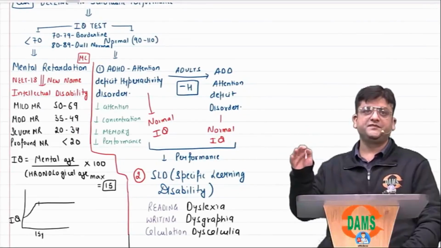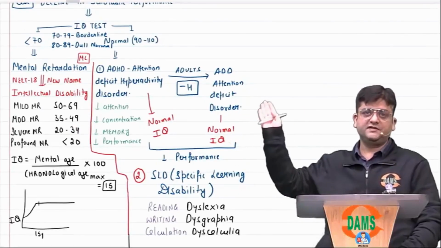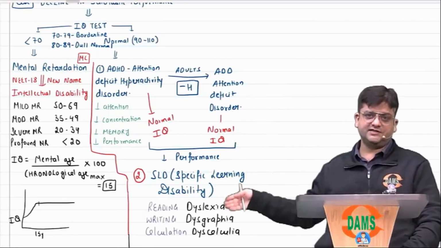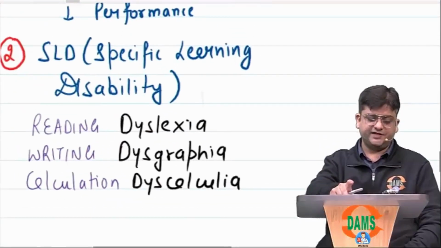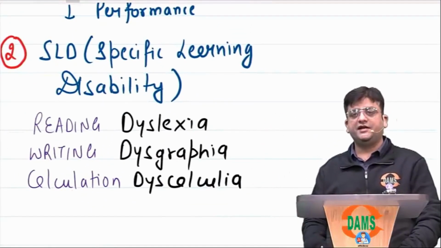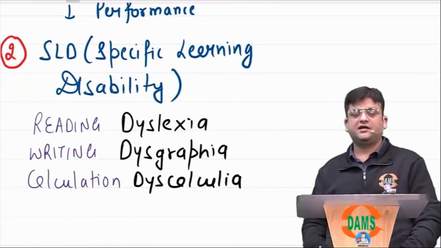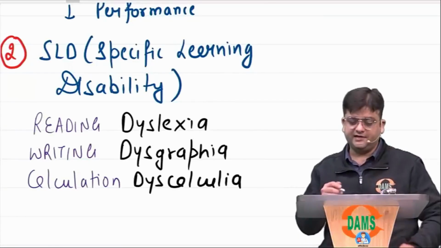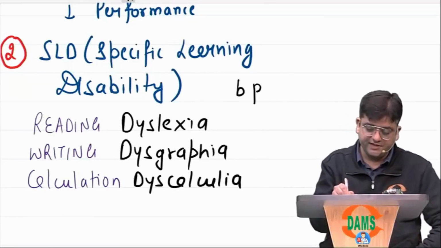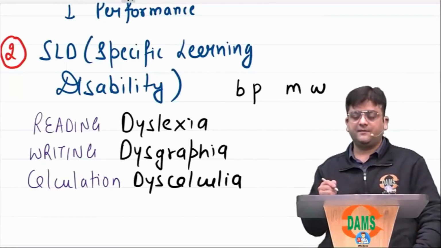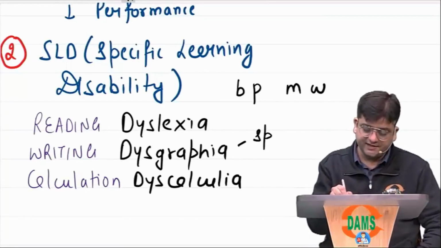Can you see? Decline in scholastic performance, IQ low, mental retardation. IQ normal, either ADHD or SLD. SLD is of three types: reading, writing, calculation. Reading difficulty: dyslexia children can't read similar looking alphabets properly, like B, P, M, W. Dysgraphia children make frequent spelling mistakes.